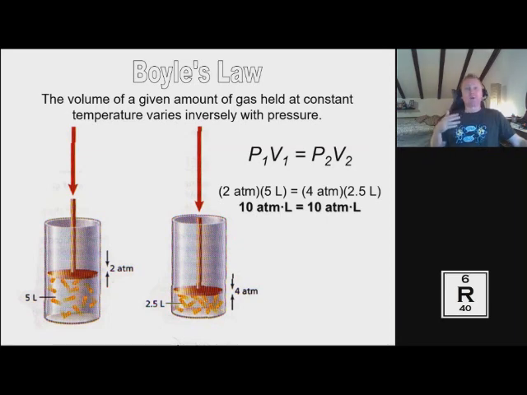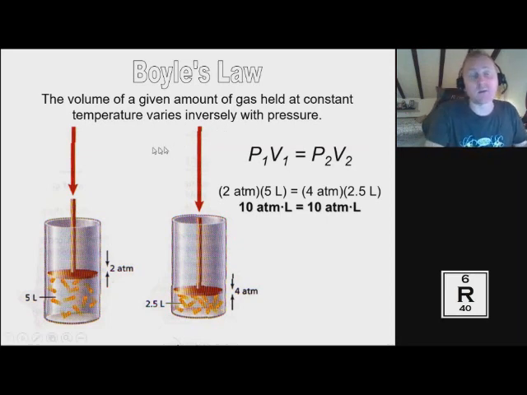When something's boiling, the temperature is constant, and maybe that'll help you remember when to use Boyle's law, because sometimes you have to know the name of it, not just the formula. So Boyle's law is when temperature is constant. If you're just dealing with pressure and volume, that's Boyle's law.